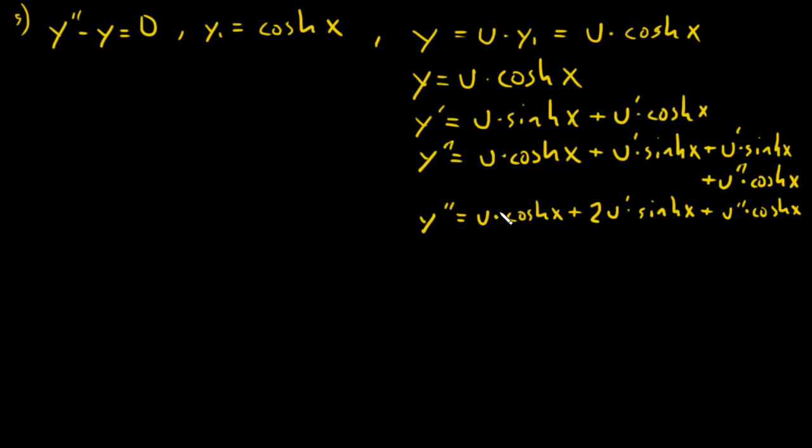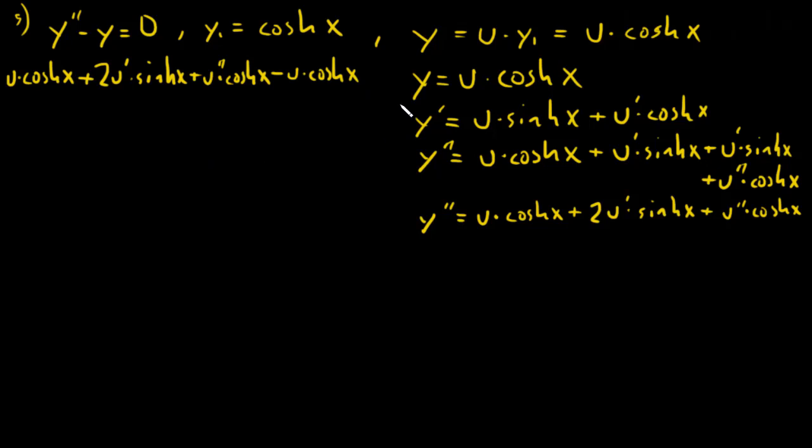Well, now I need to build this up here. So I'm going to wind up with u times cosh x plus 2u prime times sinh x plus u double prime times cosh x, minus y, which is just this, so minus u times cosh x.